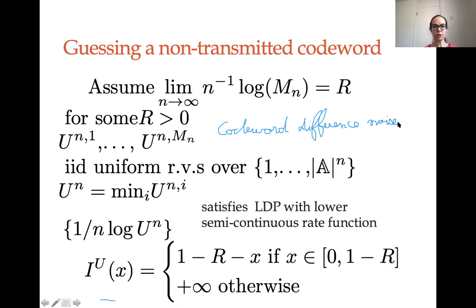Assuming that all the code words are uniformly identically distributed, because we have uniform distribution of the inputs and our code book was itself selected in a uniform way, the way I showed before, where we dip each time with replacement in the bag of 2 to the n possible code words, then I'm going to be guessing over all of the length n code words that are not the one that was sent.